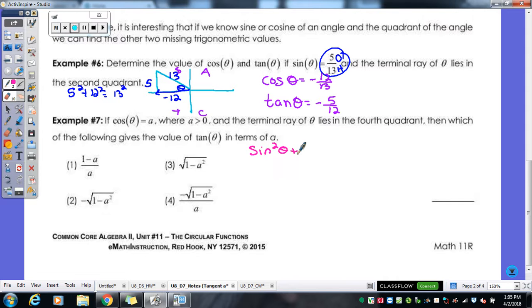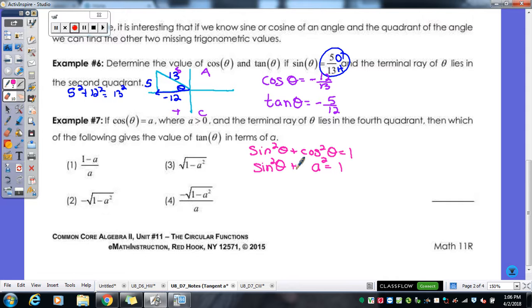First thing we have to start with is the Pythagorean identity that we talked about a few days ago. Sine squared plus cosine squared equals 1. Because remember, tangent we now know to be sine over cosine. I have my cosine. We've got to figure out what our sine value is going to be. So we're going to plug in the letter A for cosine.